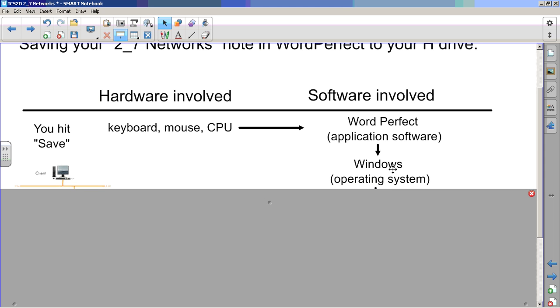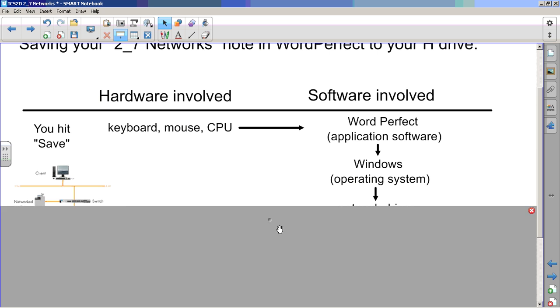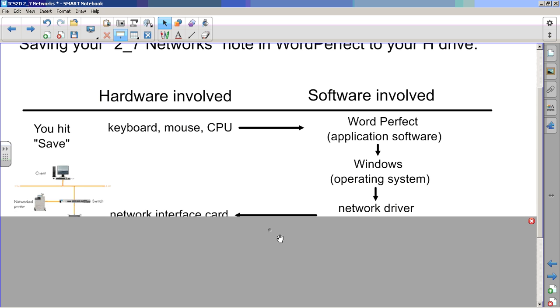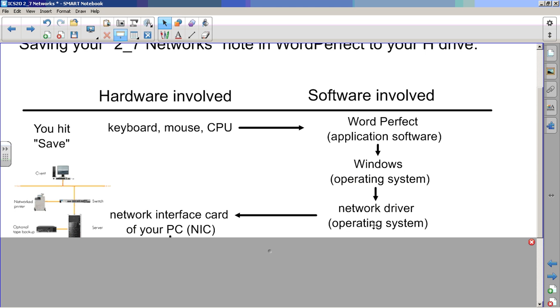And then Windows, because we know that we want to save it on your H drive, not on the local hard drive, but on the H drive, it knows it has to send it out on the network. So it talks to the network driver, and the network driver is a little piece of software that you wouldn't actually see or use. It's controlled by the operating system, and it runs the network card, right? And that's a piece of hardware.